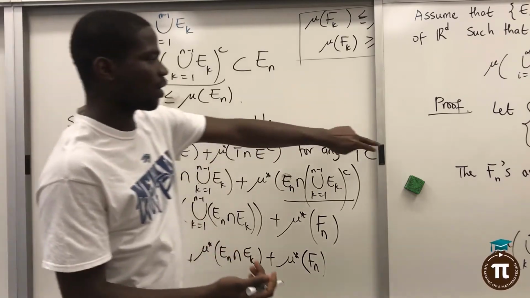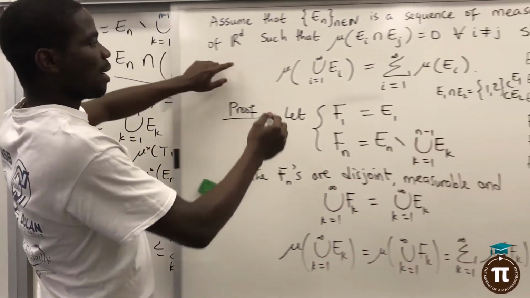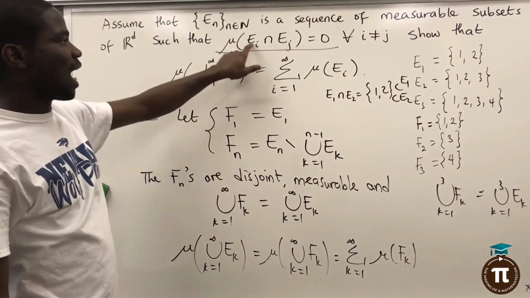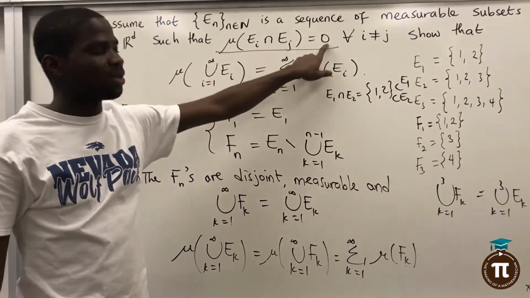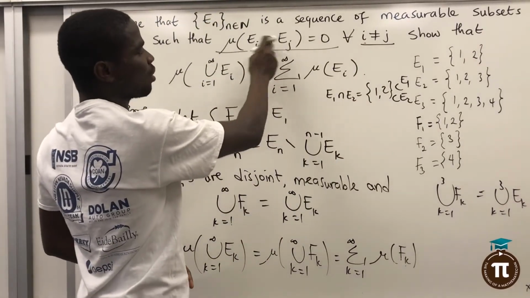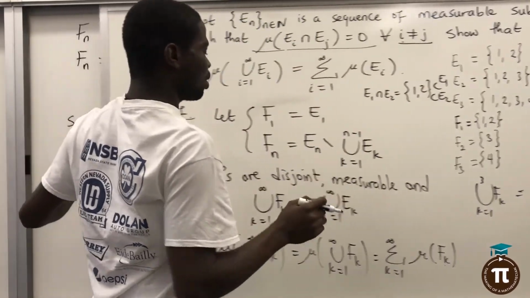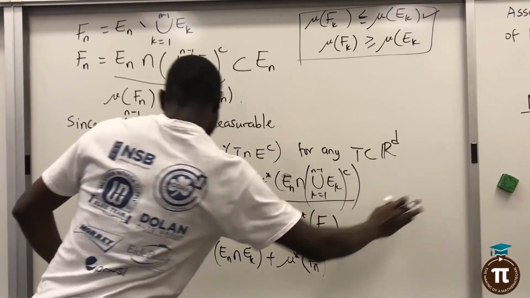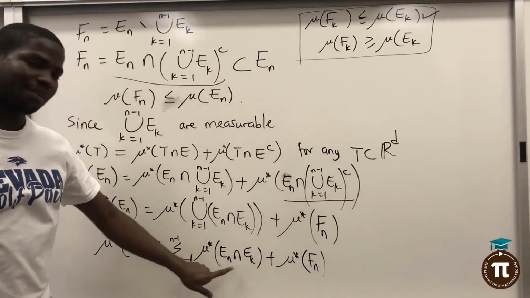But from the condition we are given in the question, the outer measure of E_i intersection E_j will always be 0, provided they are different. Can you really see that these two are different?